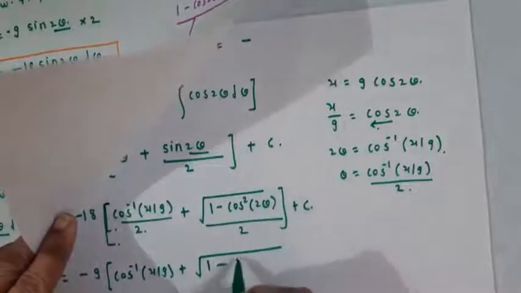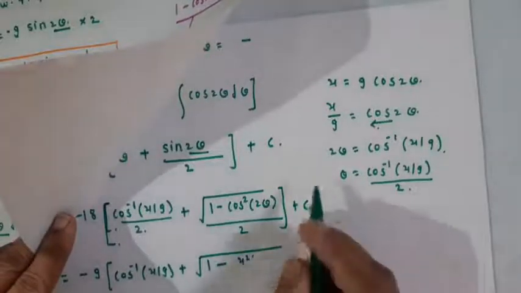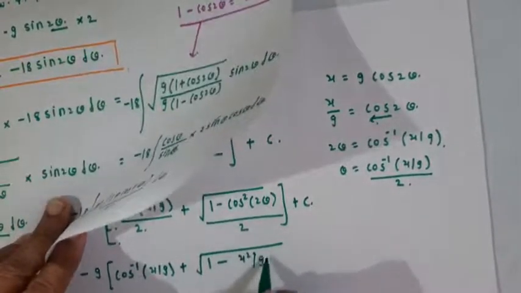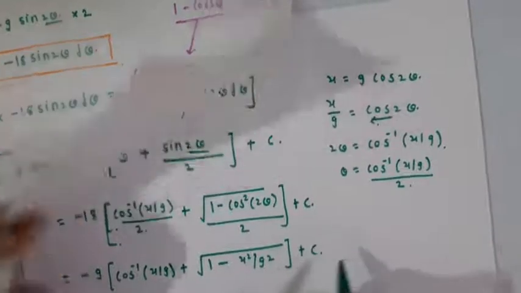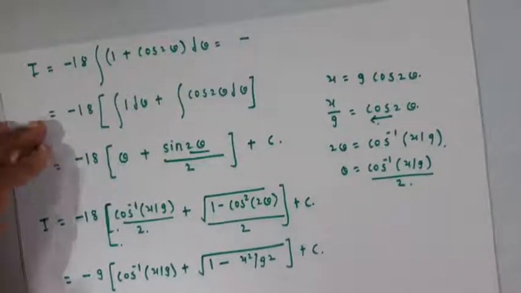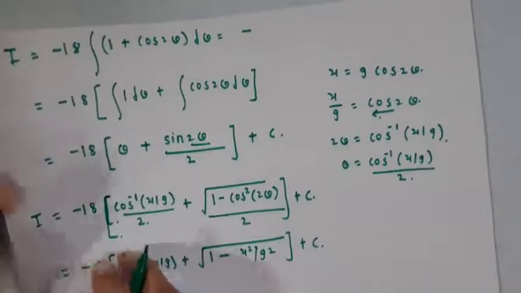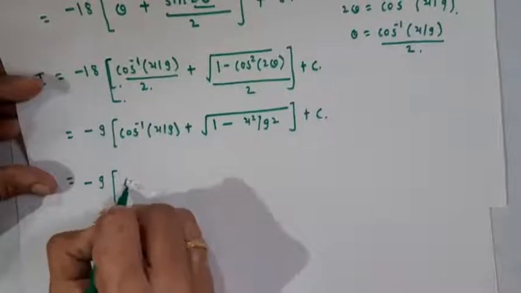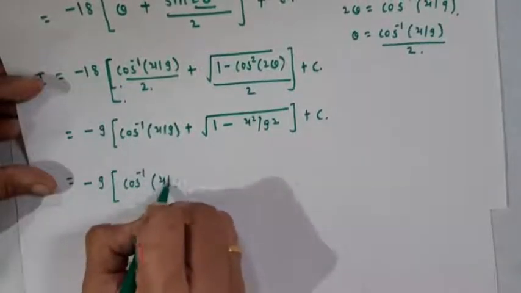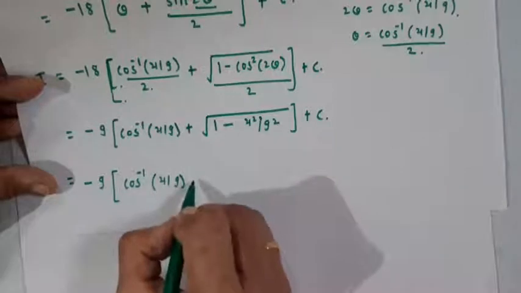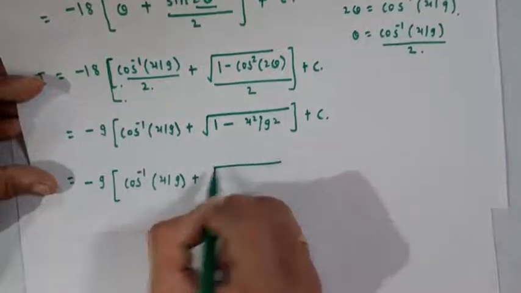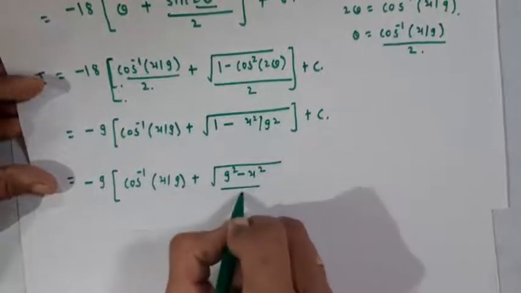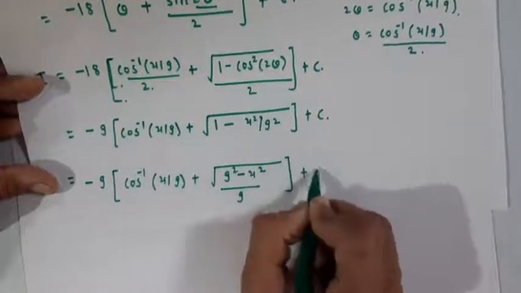This is 1 minus x square by 9 square, plus constant of integration c, and in this way this is equal to minus 9 cos inverse of x by 9 plus square root of 9 square minus x square upon 9, plus constant of integration c.